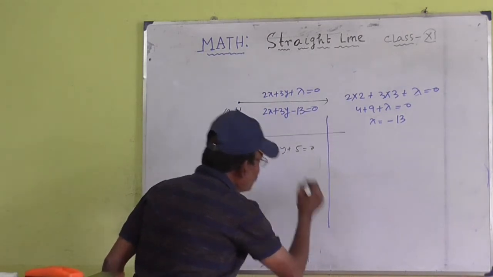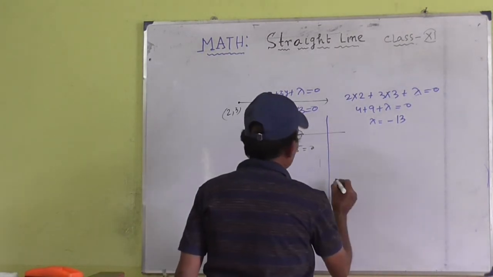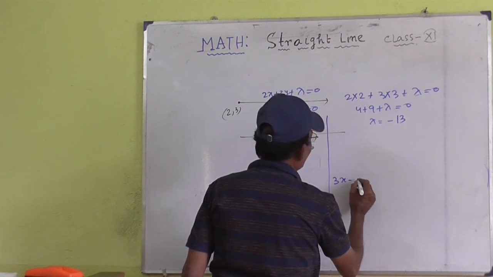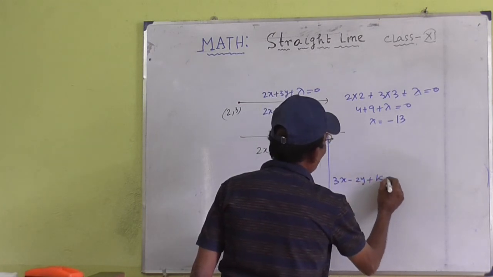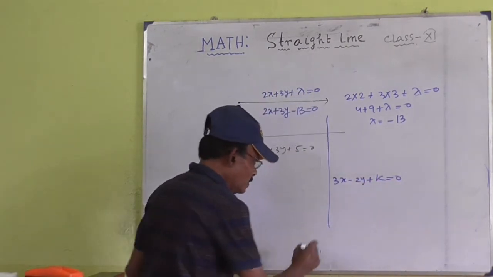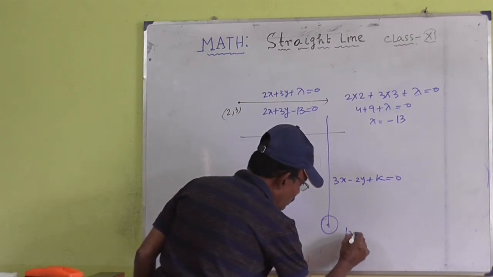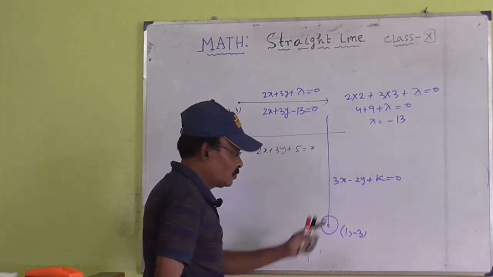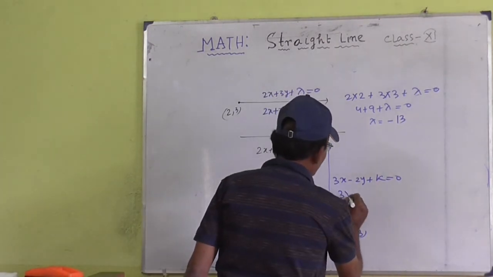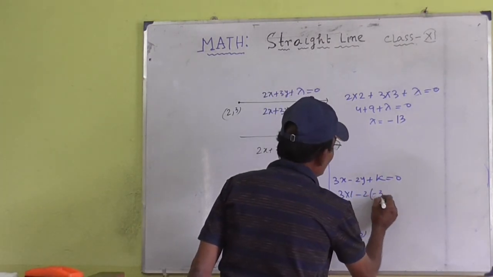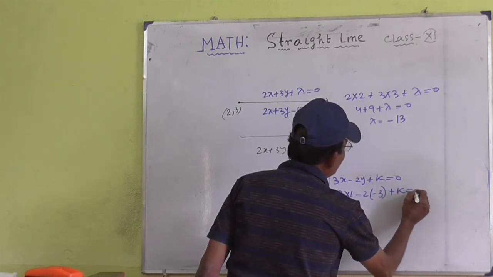And for the perpendicular of this line, if we draw a perpendicular, this line will be 3x minus 2y plus k equal to 0, and let us choose that it passes through the point (1, minus 3). So 3 into 1 minus 2 into minus 3 plus k equal to 0.